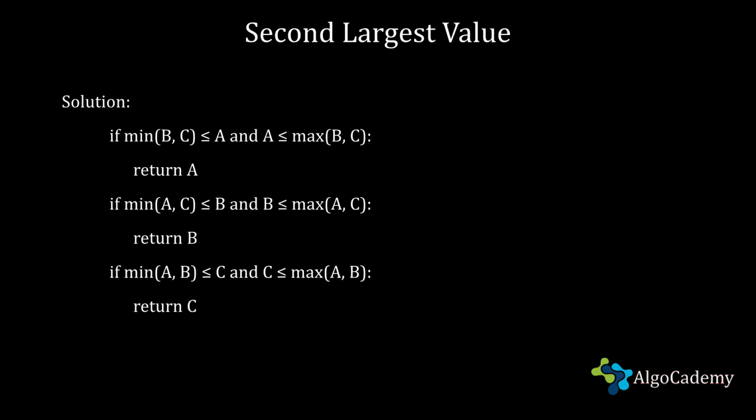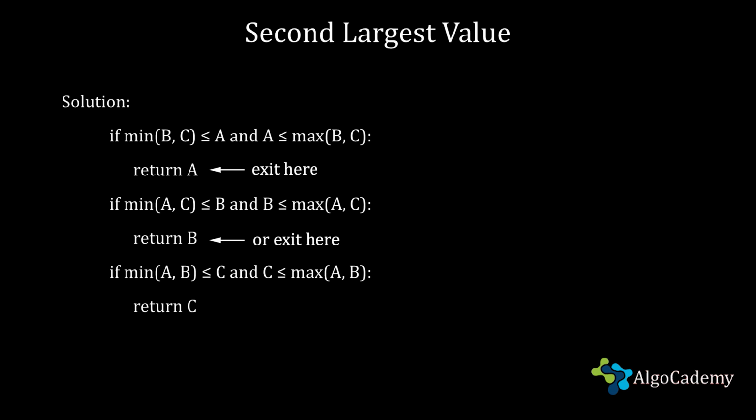So we will write a third if statement which checks if the minimum between a and b is less than or equal to c, and also if c is less than or equal to the maximum between a and b, and if so, we will return c. Now think about this. If a or b was our solution, we would have returned it and exited the function.